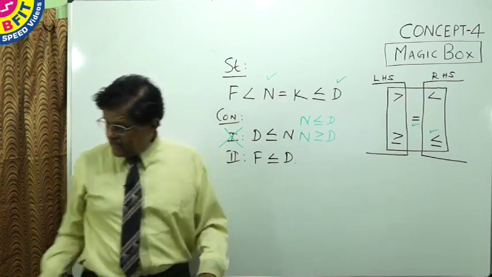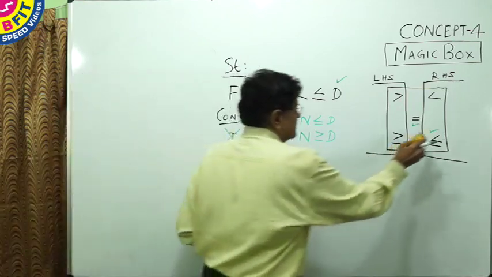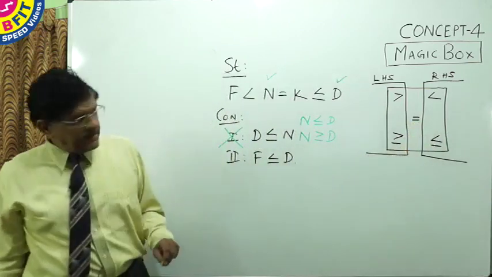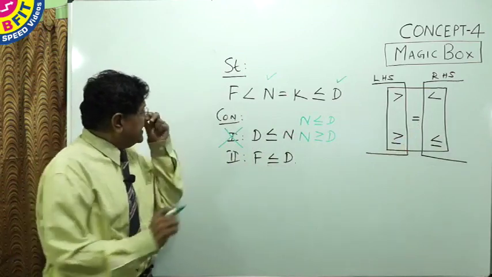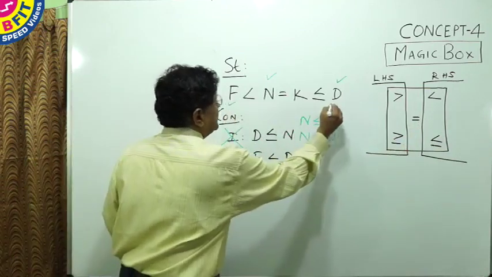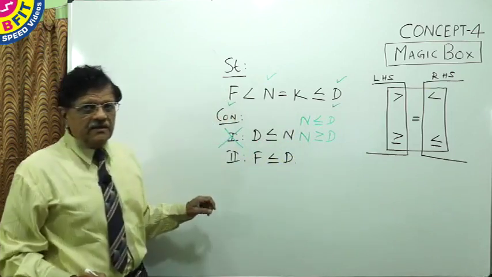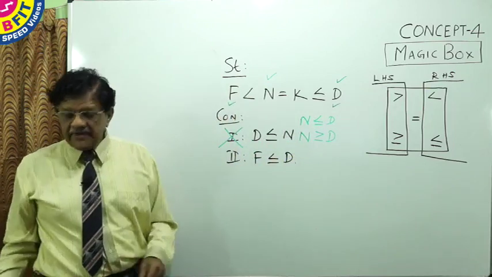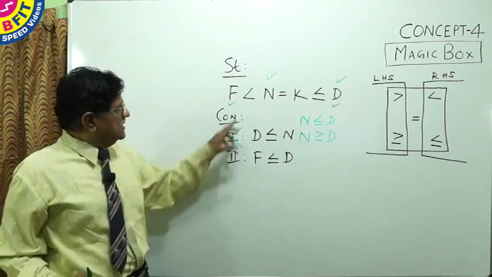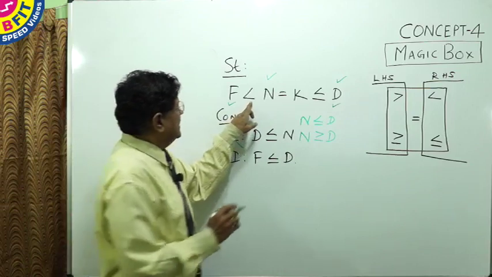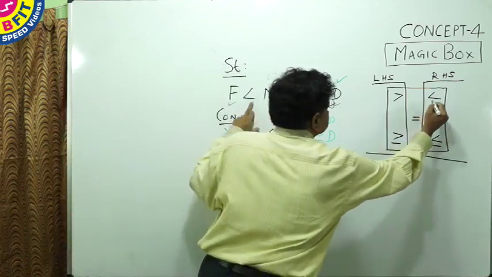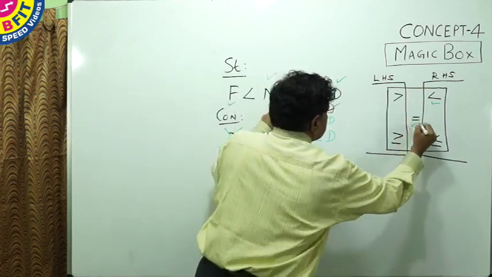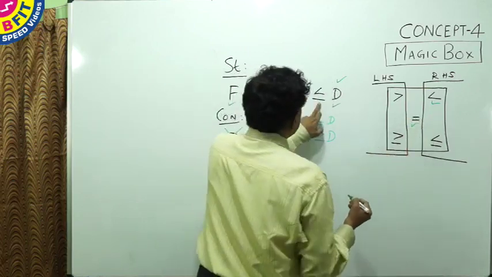In a similar manner, let us go to the next conclusion. The next conclusion is F and D. Where is F? F is here, D is here. F is less than or equal to D. That is what we have to verify using the magic box. Now what are the symbols here? Less than, then is equal to, and then less than or equal to.